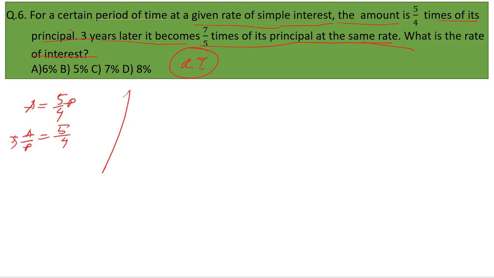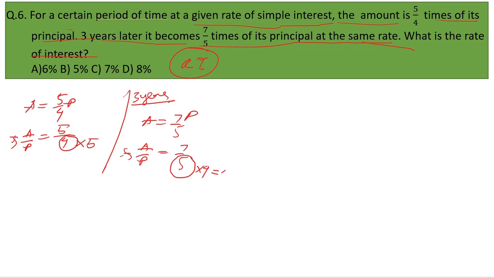In the next case, after 3 years we are getting amount equal to 7 by 5 times of principal, that is amount by principal 7 by 5. Here we have principal 4, here we have principal 5. These two should be equal, so we shall make them equal by multiplying here by 5 and here by 4, that is 5 4 is 20, here we have 4 5 is 20.